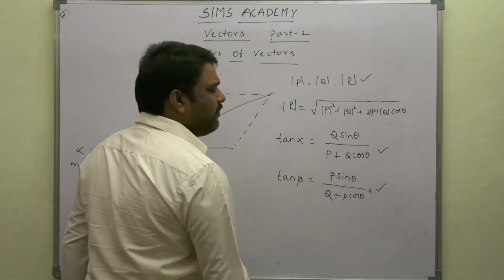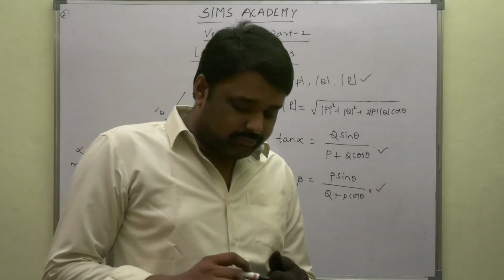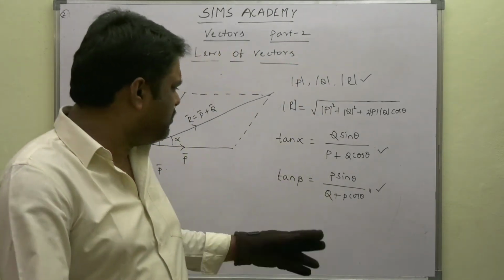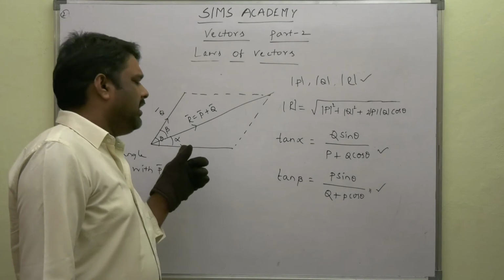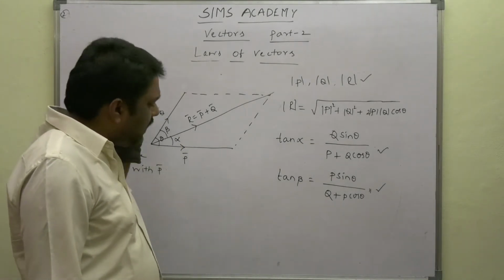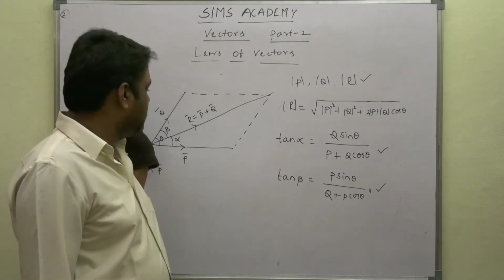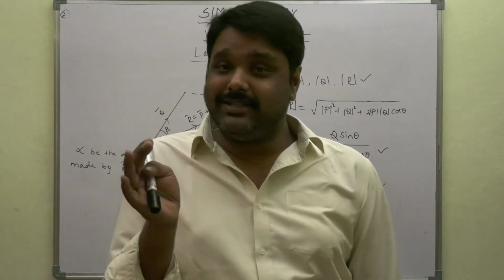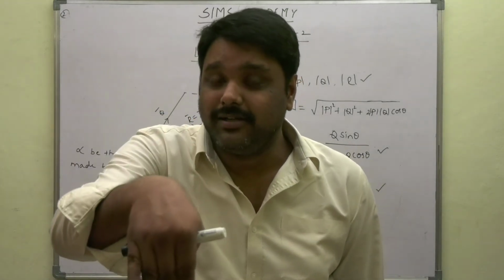Any of these two we can use for better understanding and not getting confused. We use only one, whenever it makes an angle alpha with P bar. Even we could take if it makes beta with Q bar.